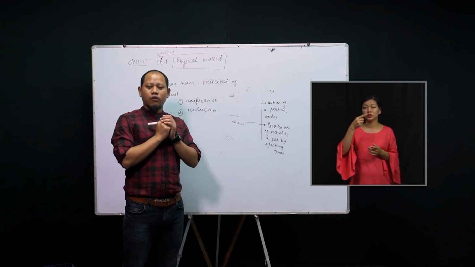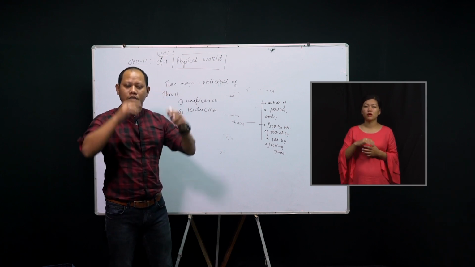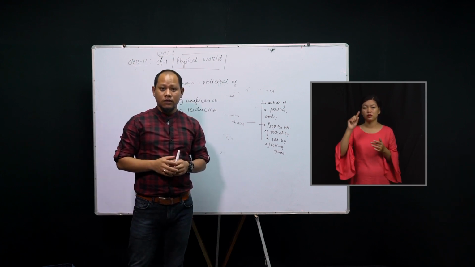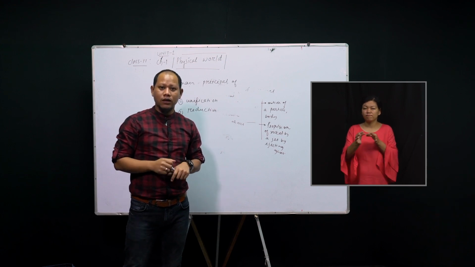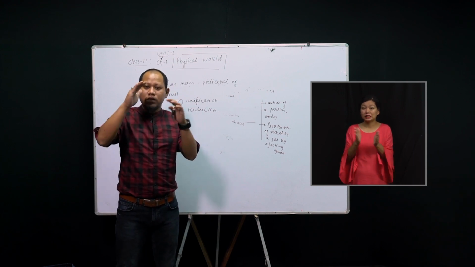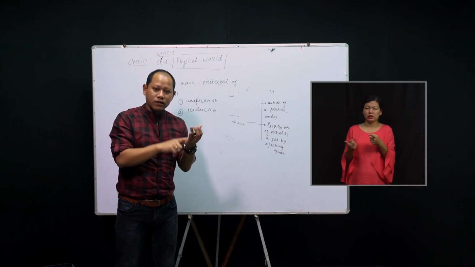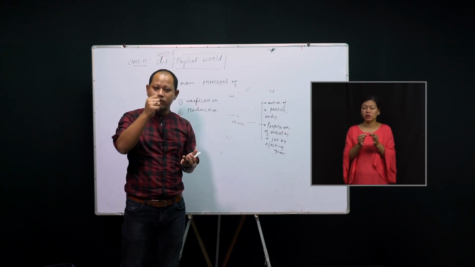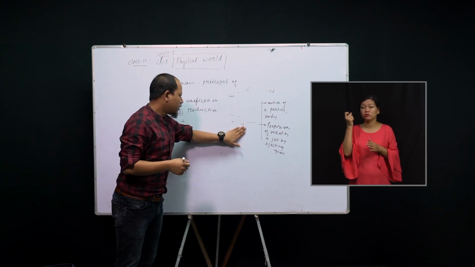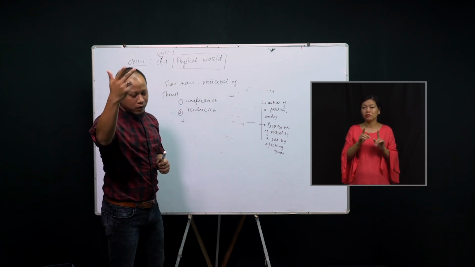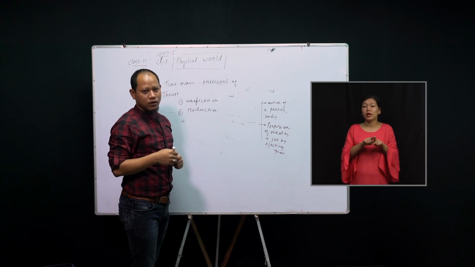In physics, our attempt is to always explain many things with a few things. It means we try to explain many different phenomena in terms of a few laws as well as a few concepts. Let me give you one example. Suppose in your part 1 physics, as I told you, the mechanics.